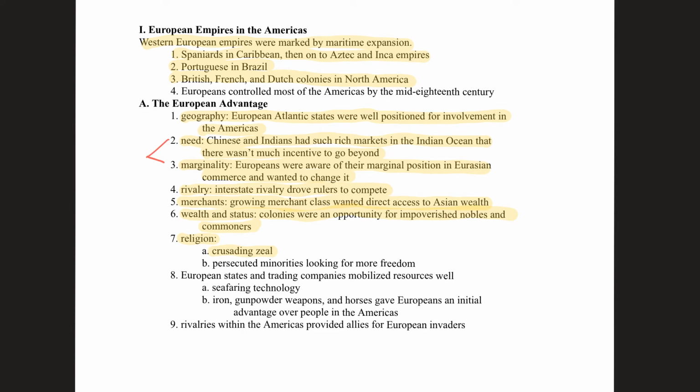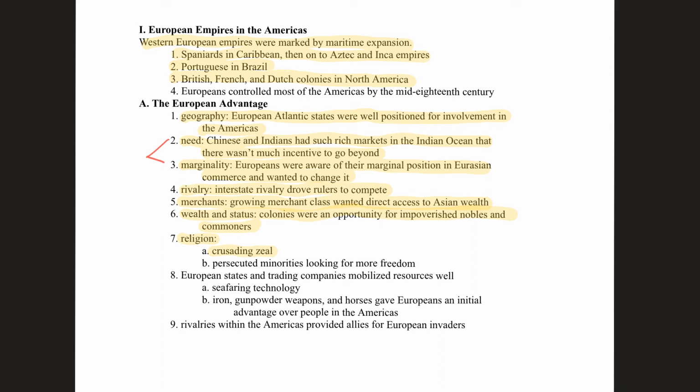And after the Reformation, the Roman Catholic Church saw this as a way to win the numbers war against the Protestants. So I'll say that whole thing one more time. There is a need for more Christians. After the Reformation, the Roman Catholic Church saw this as a way to win the numbers war against the Protestants.